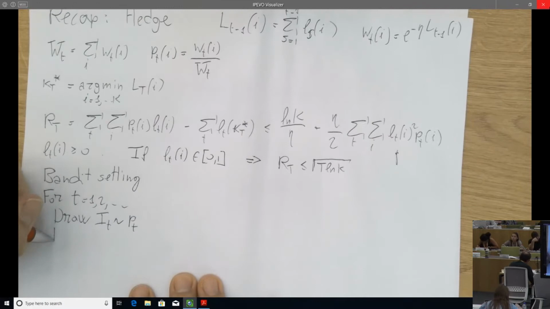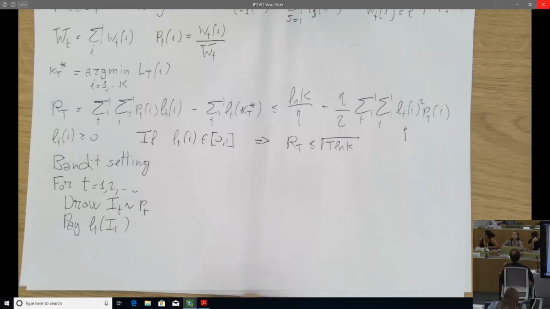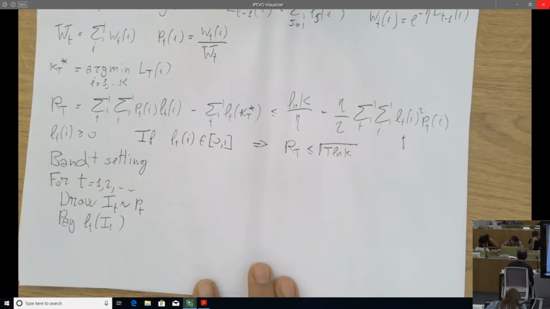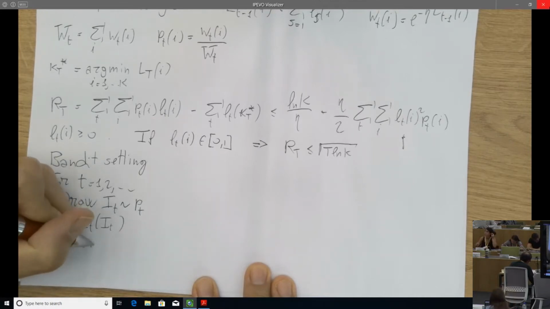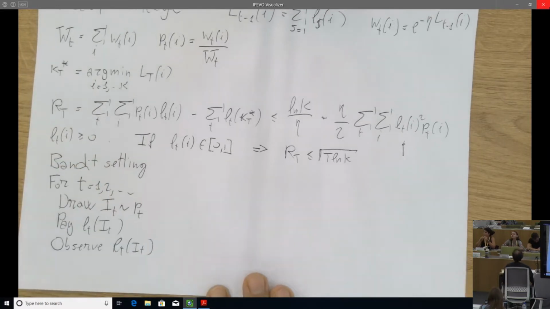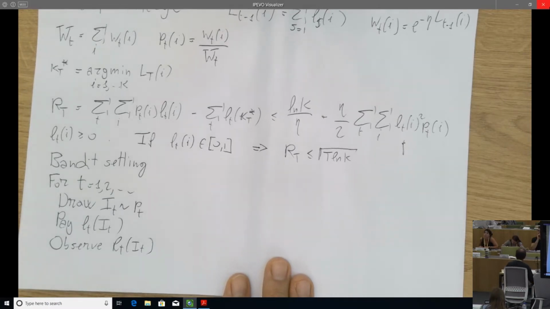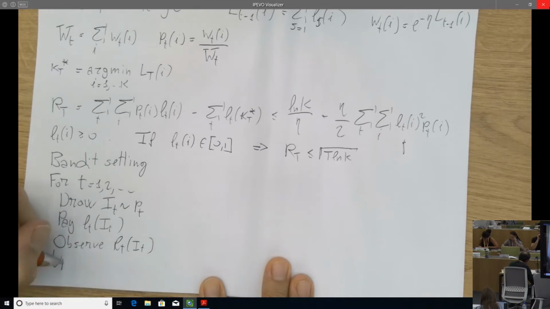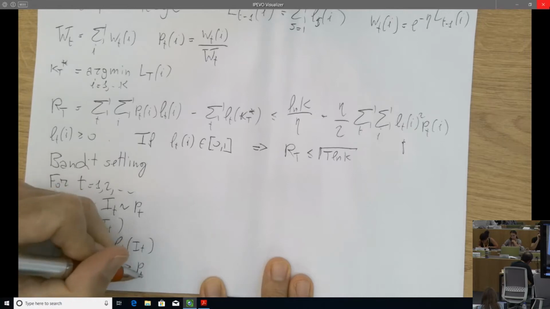Then we pay our loss, the loss corresponding to the action we chose at that time step. We observe what we pay. In other words, we observe the feedback of the user for the specific product we recommended, or the specific ad that we showed to that user. And then we do our update, p_t goes to p_{t+1}.